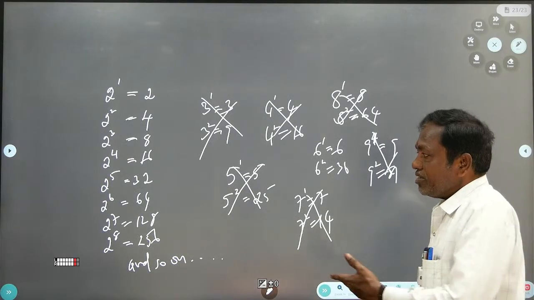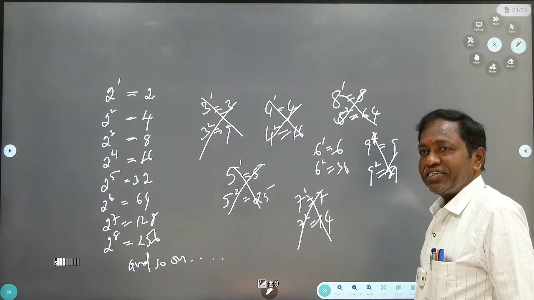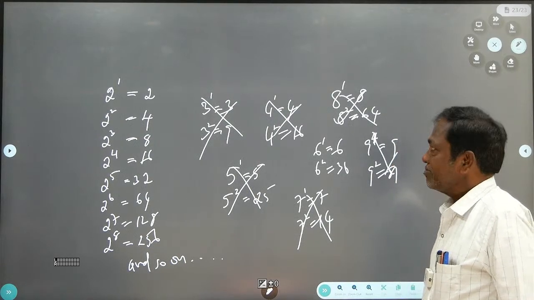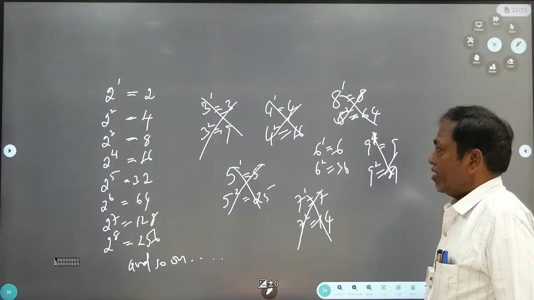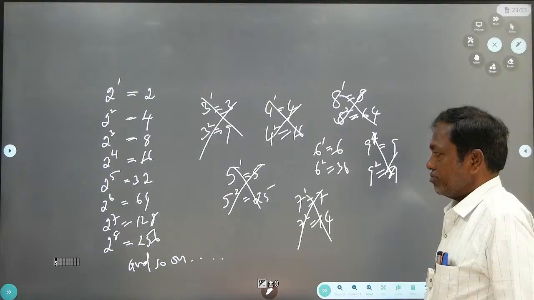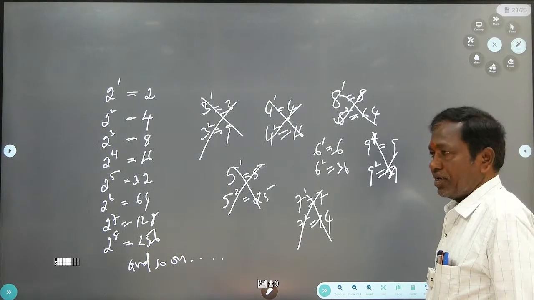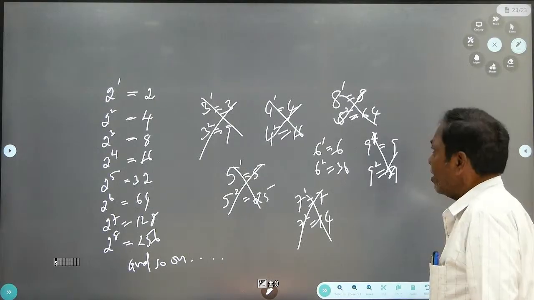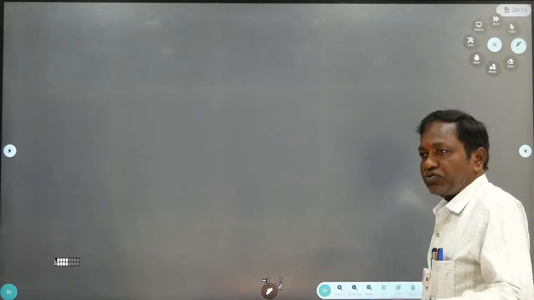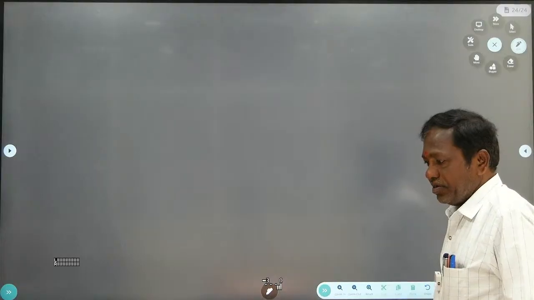So that's why these are the areas where questions are designed, framed and asked. Now, what is next to 2? 3.